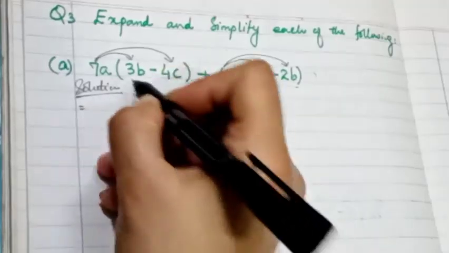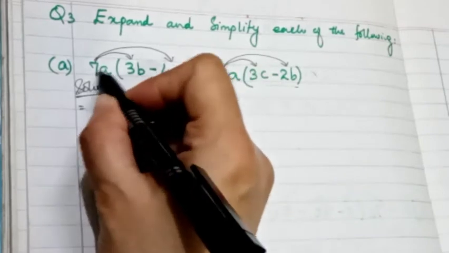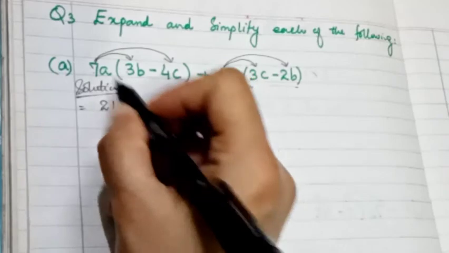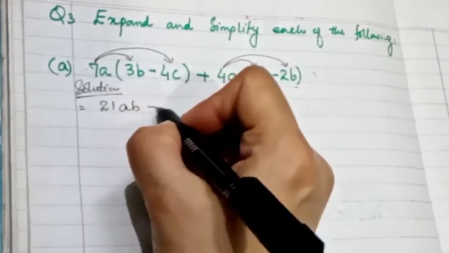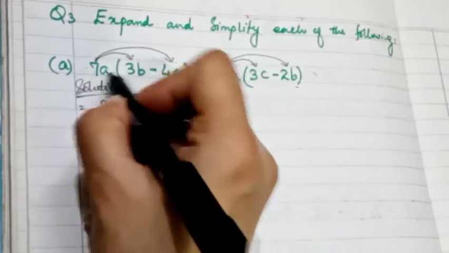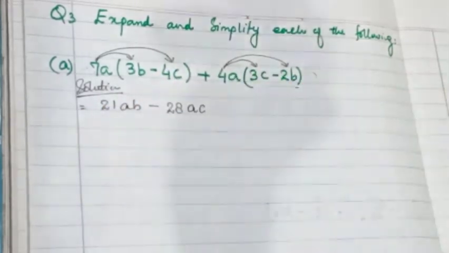Starting solution from here, first we have to multiply their sign, plus plus plus, 7 threes are 21, a into b means ab, then plus minus minus, 7 into 4 means 28, a into c will be ac.